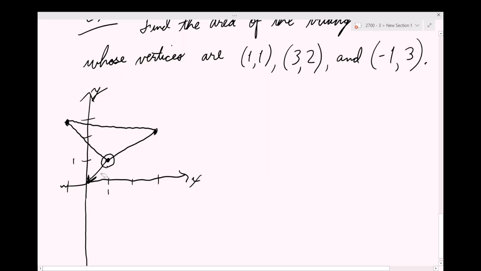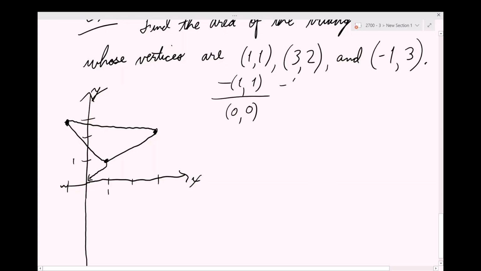So I want to shift my whole triangle. Now how do I do that? Well, if I want to move this point to the origin, that shift just means if it's going to 0, 0, that means I subtracted it off. So that one moves to the 0, 0.